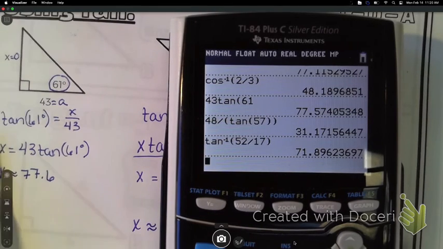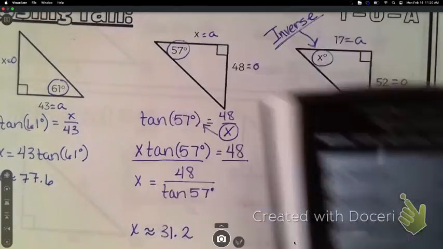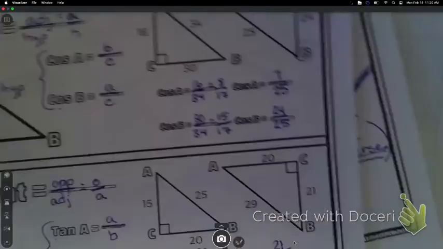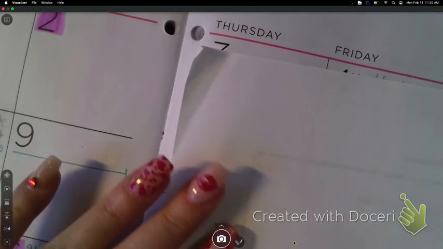Okay, so on your next page, it should be blank, right? Or, Kyan, in your case, underneath that. On the next page, I want you to draw this triangle right here.